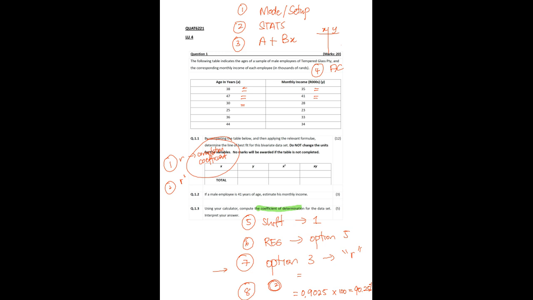So you wouldn't have had to go further and square it. Actually, with a correlation coefficient, you don't need to multiply it by 100. You can leave it as a decimal. But with the coefficient of determination, you will need to multiply it by 100.